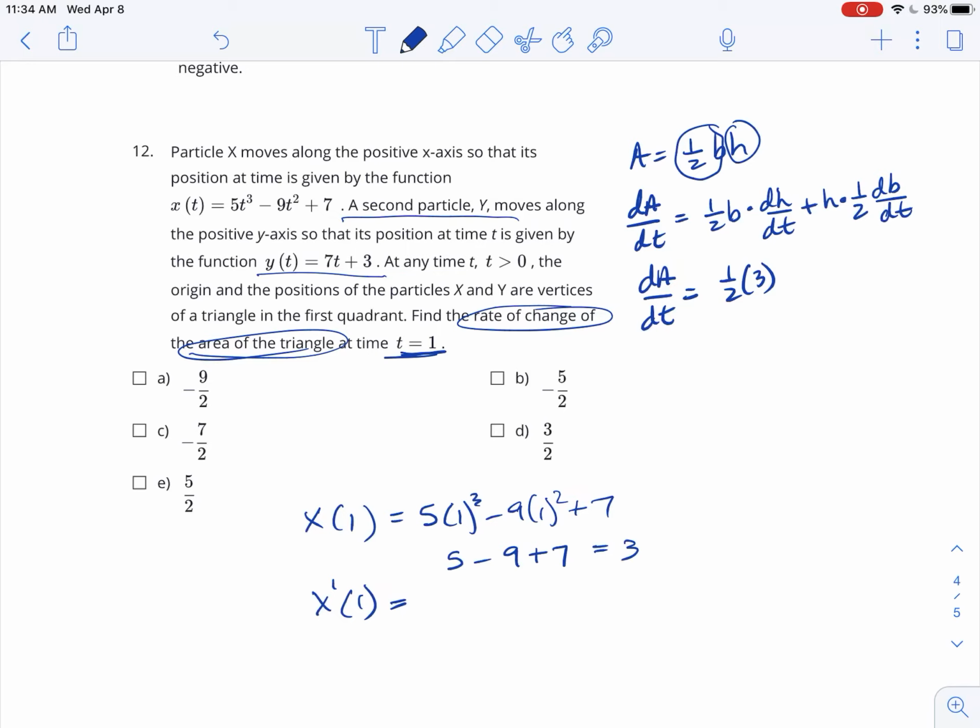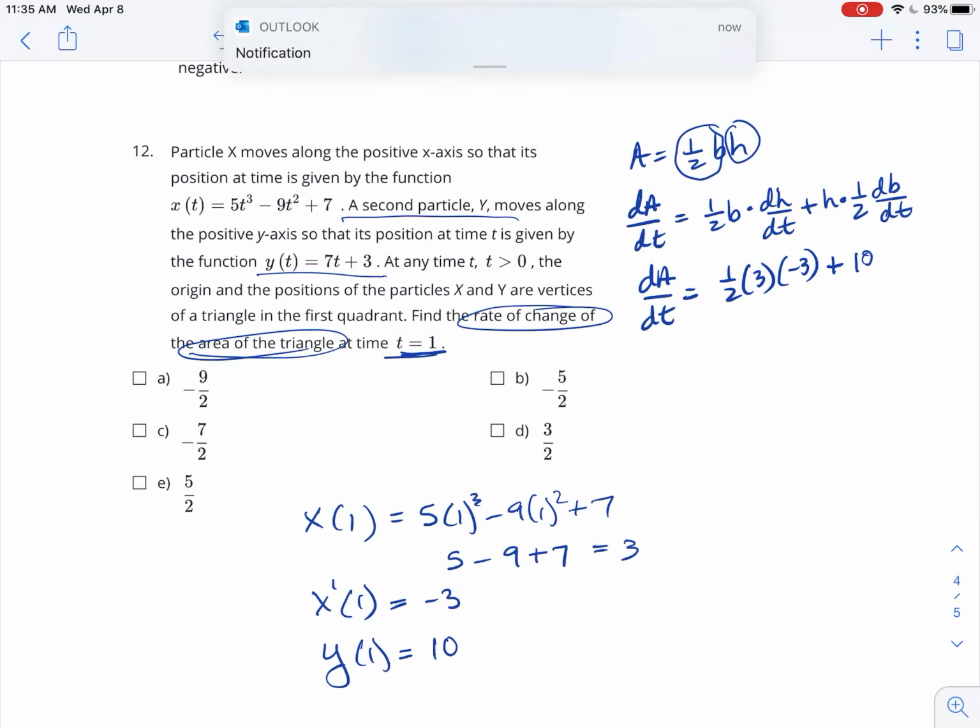I thought we had that, maybe not. Yeah, x prime of 1 is -3. I think we figured that out in the previous problem. So plus the height of the second, so y at 1 is going to give you 10. 7 times 1 plus 3 is 10.